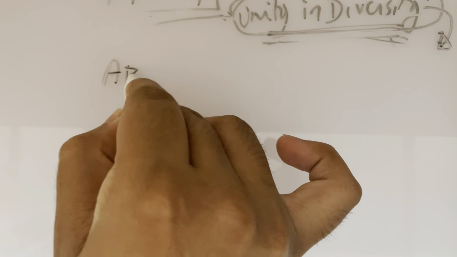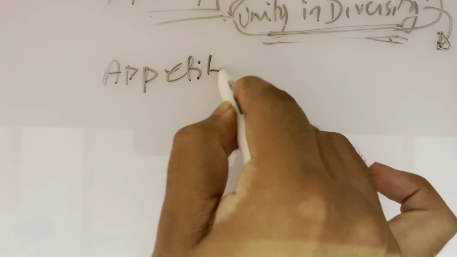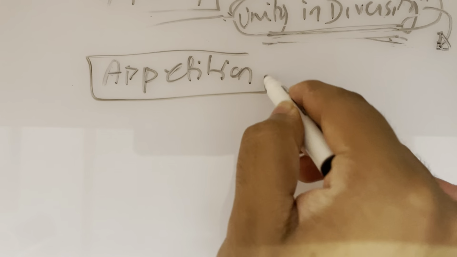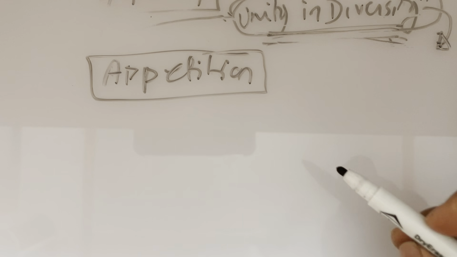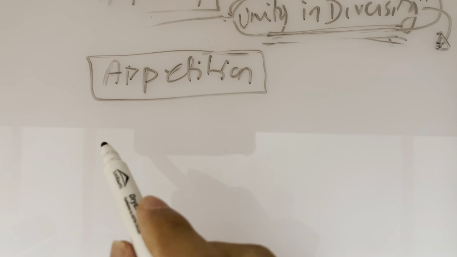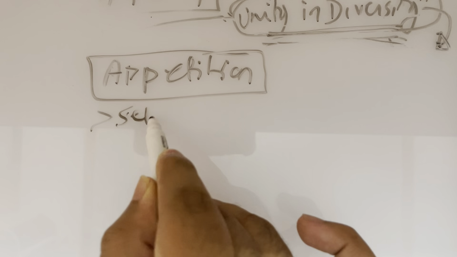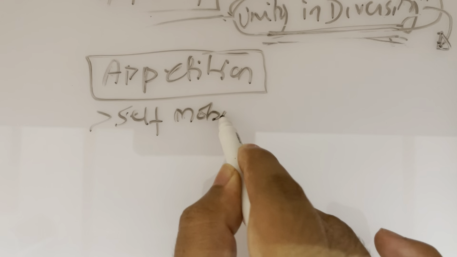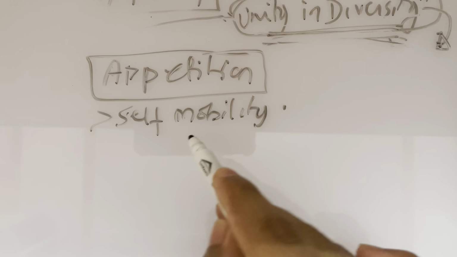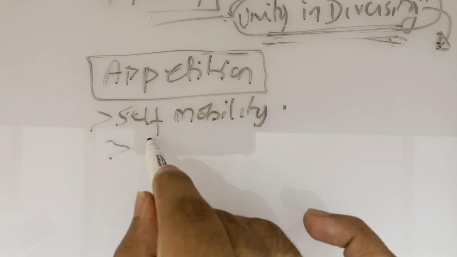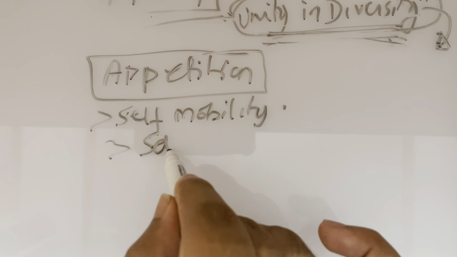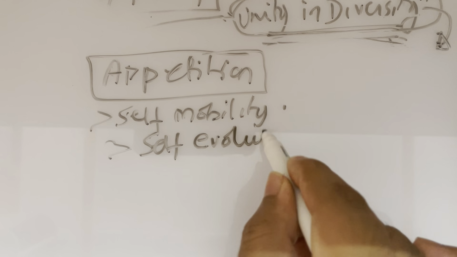Now we come to appetition. In appetition, we basically want to explain the self-mobility feature, or the force by virtue of which there is self-evolution of monads.